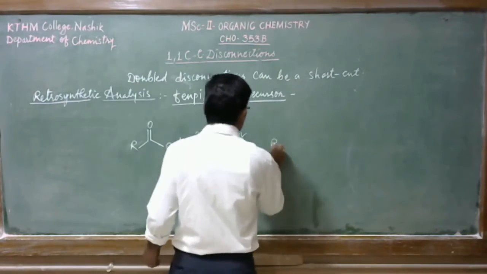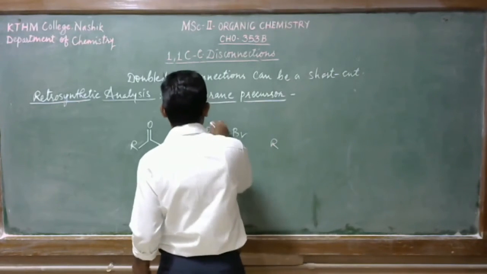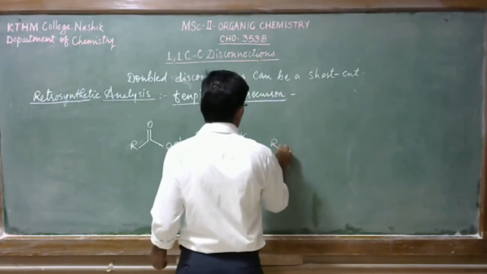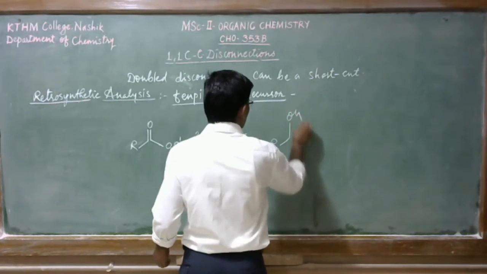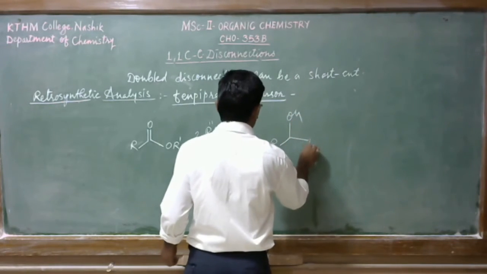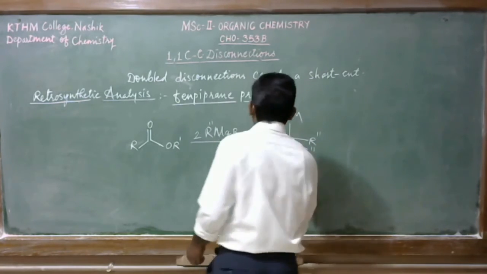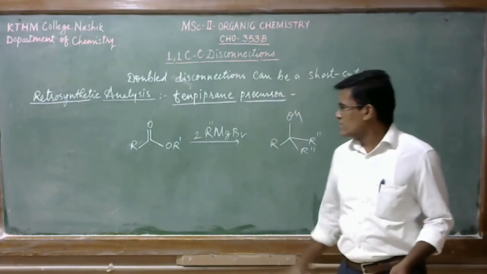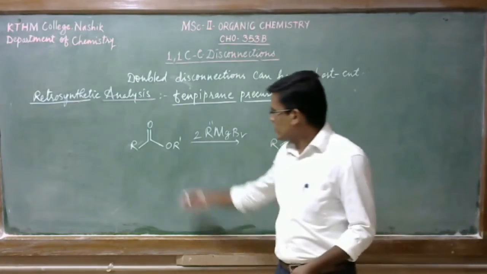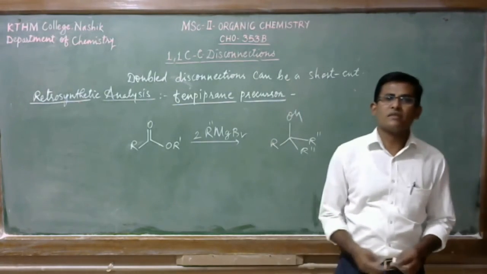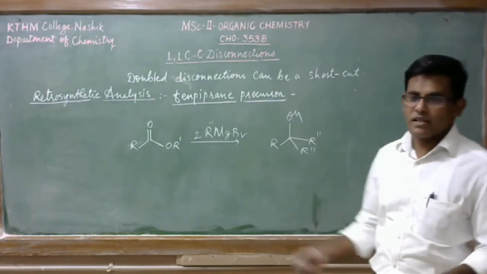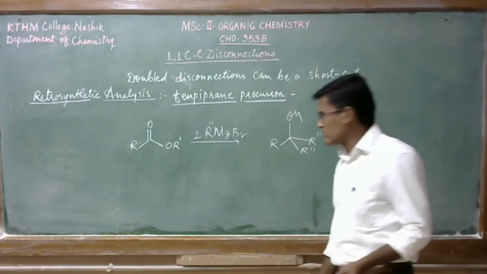So it gives a tertiary alcohol. This is the fact: when an ester reacts with 2 moles of Grignard reagent, it gives the tertiary alcohol.